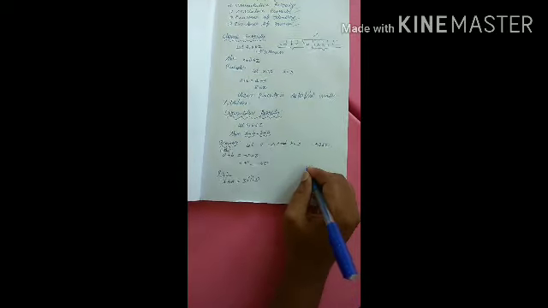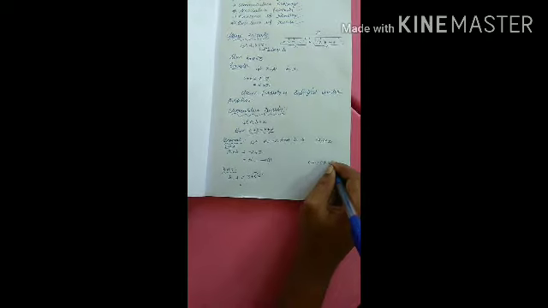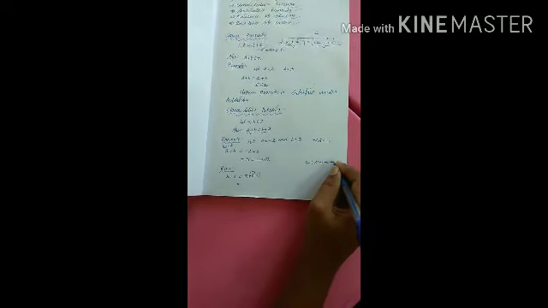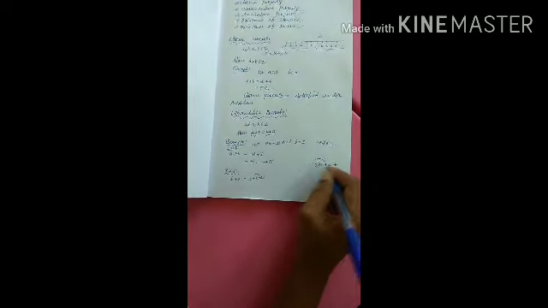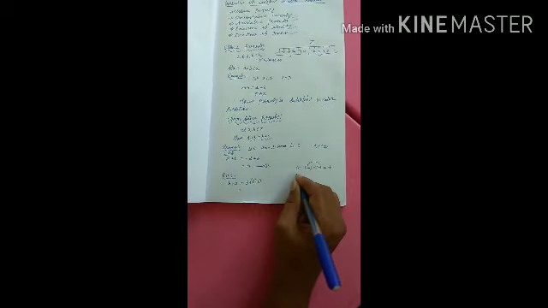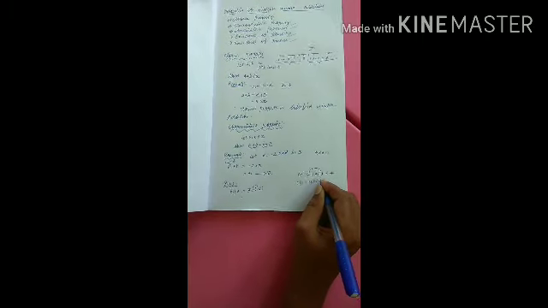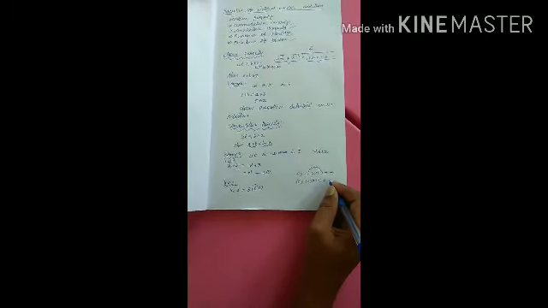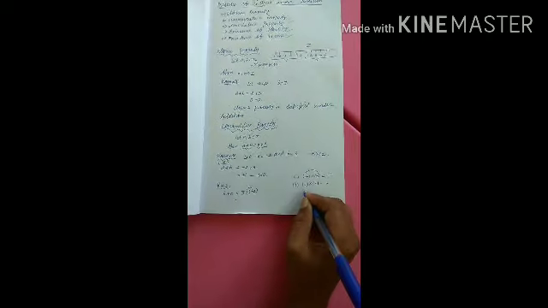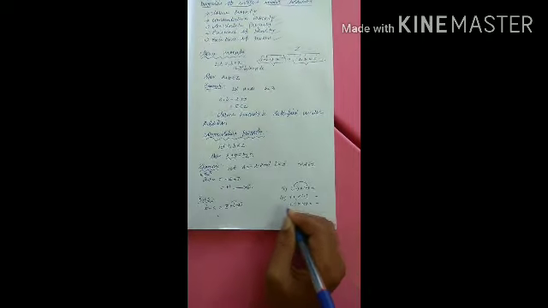minus into minus is plus. That is the first rule. Second one, plus into minus is minus, and minus into plus is minus.